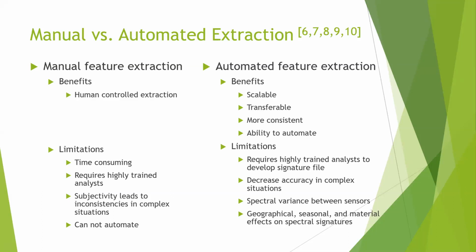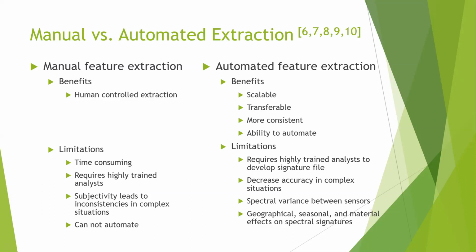So automated feature extraction methods, which is the basis that I plan on doing my project around, the benefits of that are that it's scalable, and this is in the sense of the production time. As the camp size doubles, the extraction time only increases based off the processing time of the computer, versus the manual extraction method. If the camp size doubles, the extraction time doubles as well.